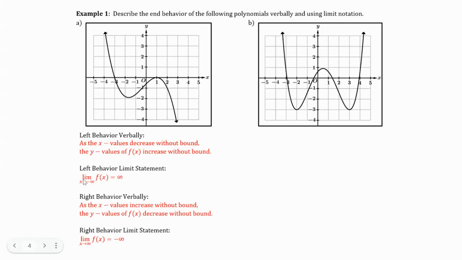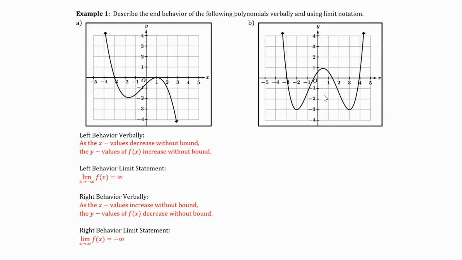You can see here how they wrote the left behavior limit statement. We're simply saying that the limit of the function is equal to positive infinity, because if you remember, this is describing what is happening with the y values. On the right-hand side, we're saying that the limit of the function is equal to negative infinity, because again, that is where the y values are headed.